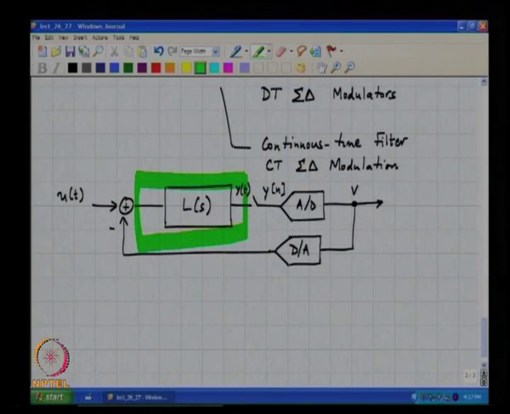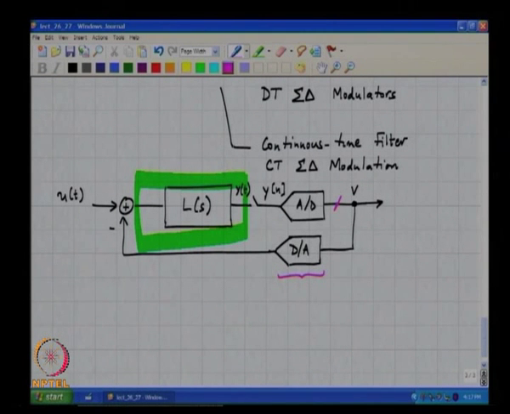All right. Now, let us refresh ourselves. Please note that V is a digital sequence, and to convert it into an analog waveform you need a D to A converter.